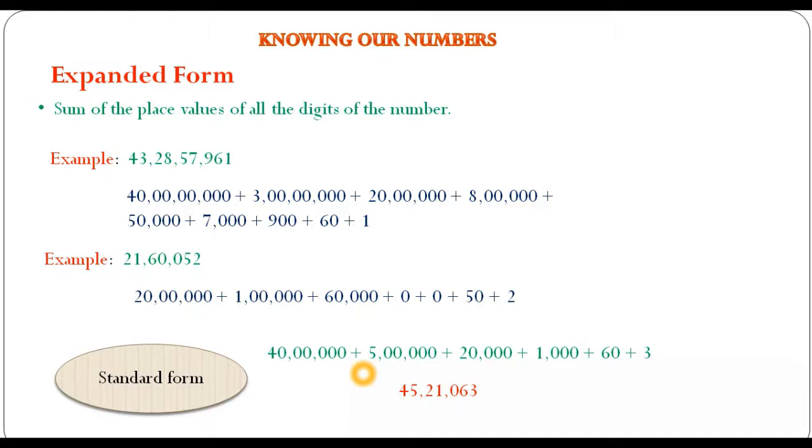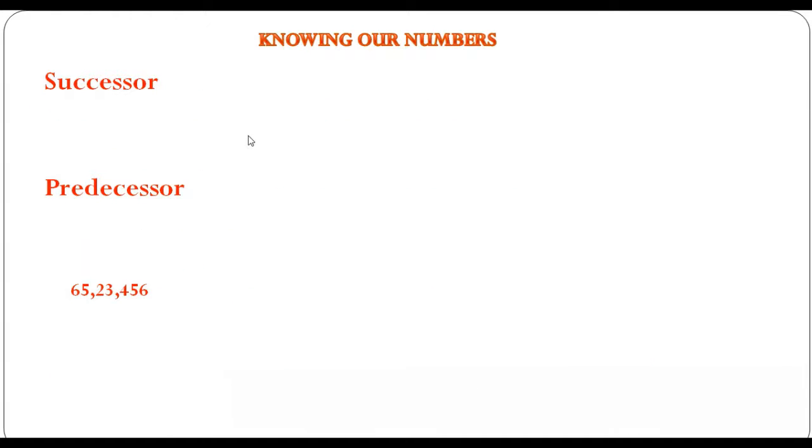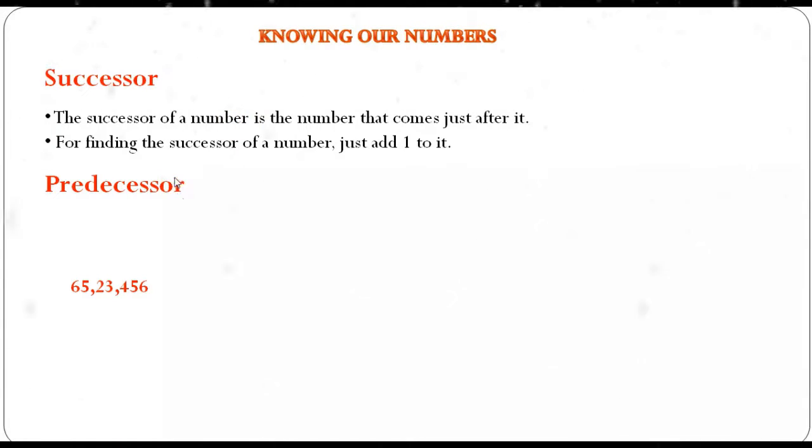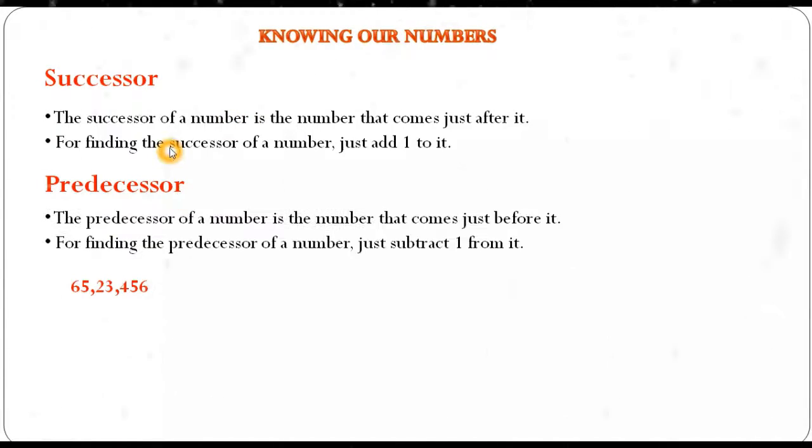Okay, students, let's come to another important concept, that is the successor and predecessor of a number. So students, what do we mean by successor and predecessor? See, the successor of a number is the number that comes just after it.